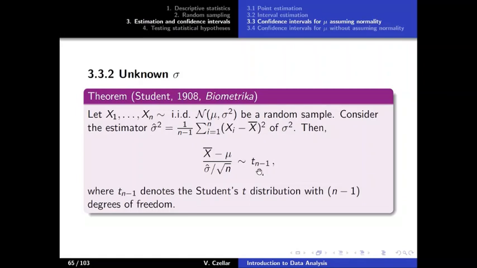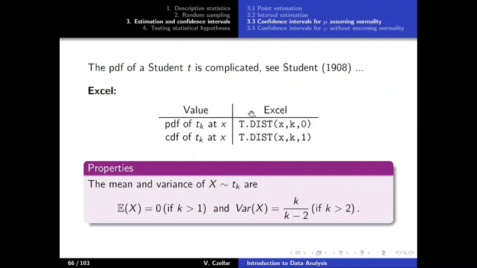What is important is that it has a parameter, and even if we don't know the PDF, you can look for the very complicated form given in Student's article or on Wikipedia. You cannot even write it in a closed form for all parameter values of n. Now, you can calculate it with Excel or any statistical software.